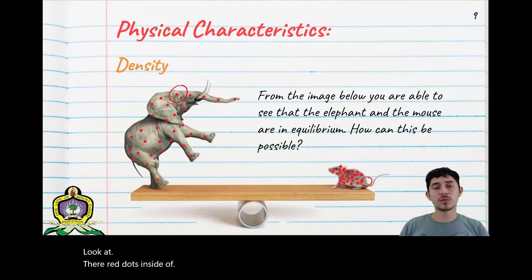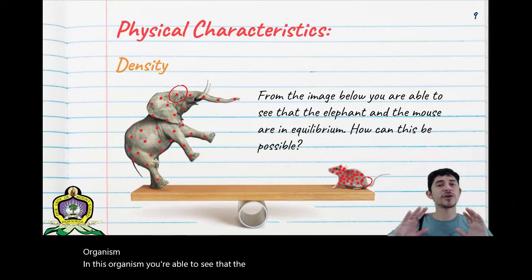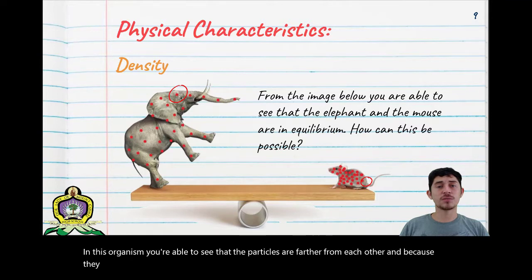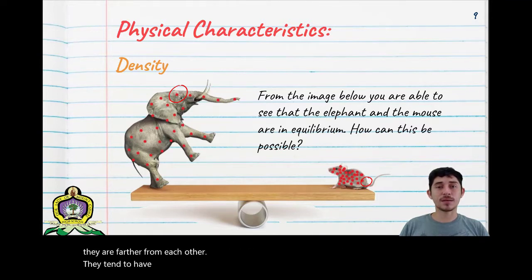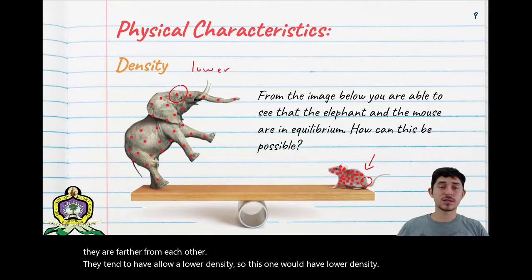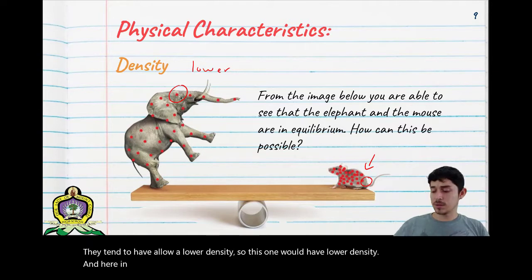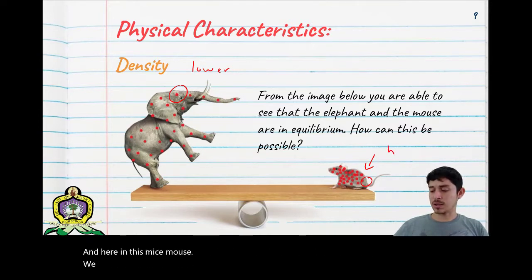In this organism, you're able to see that the particles are farther from each other, and because they are farther from each other, they tend to have a lower density. So this one would have lower density. And here in this mouse, we are able to see that the density is high.